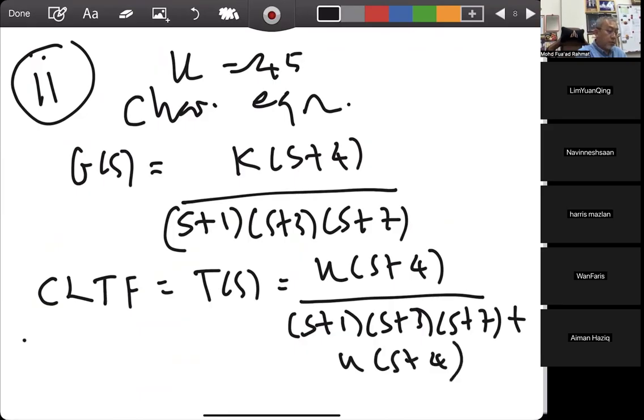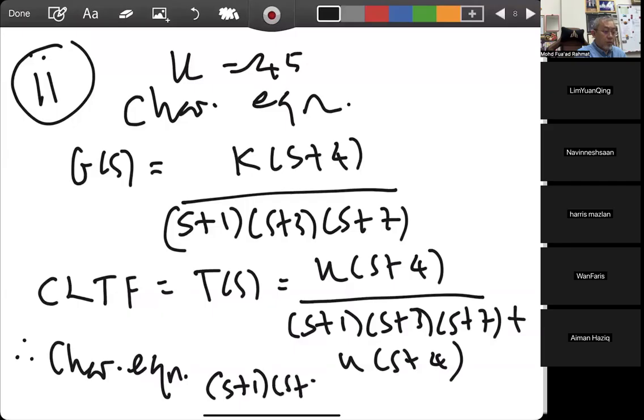So the characteristic equation is (S+1)... equal to 0.